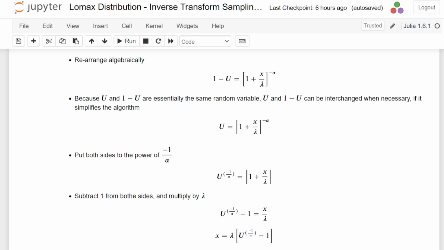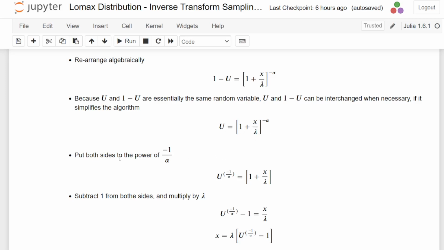So I'm going to replace 1 minus u with u without any loss of generality. It doesn't affect the algorithm at all, because 1 minus u and u are essentially the same process when we draw a random number from the uniform distribution. So we have u equal to (1 plus x over lambda) to the power of minus alpha.